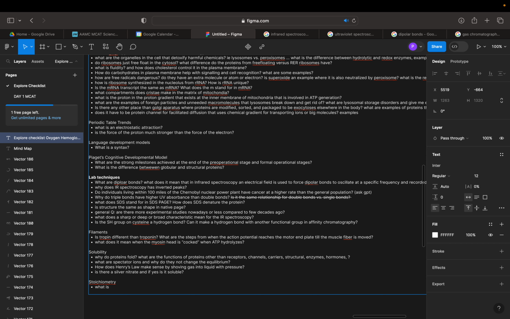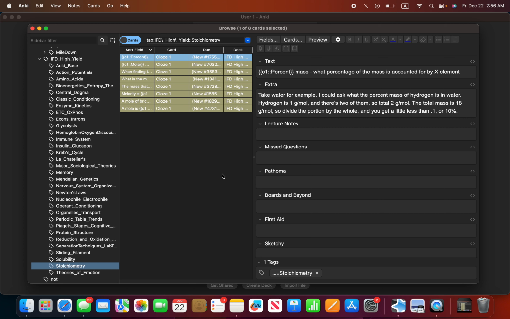What is percent mass? What percentage of the mass is accounted for by X element? So take water for example. I could ask what the percent mass of hydrogen is in water. Hydrogen is 1 gram per mole and there's 2 of them, so a total of 2 grams per mole.